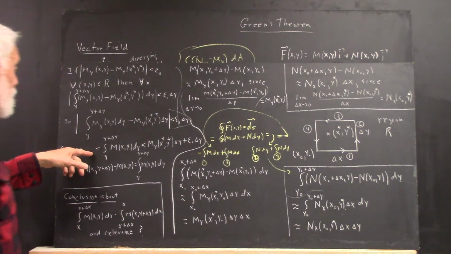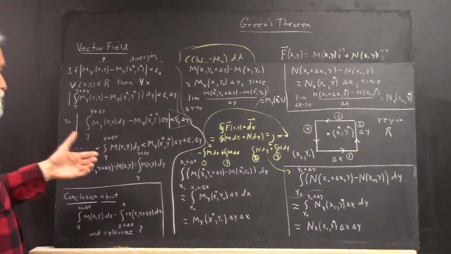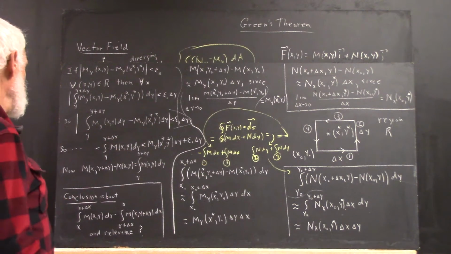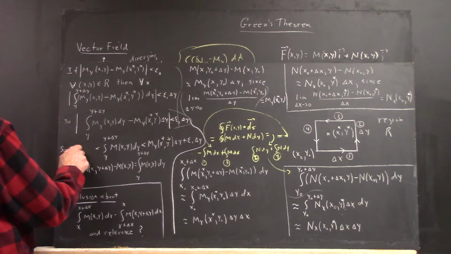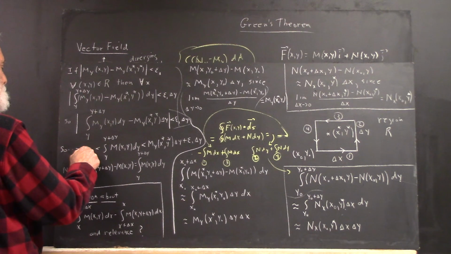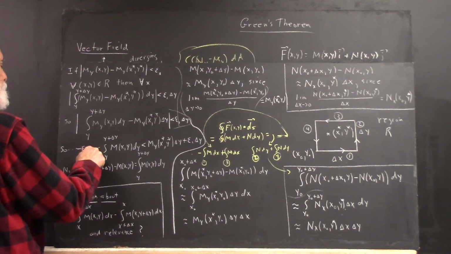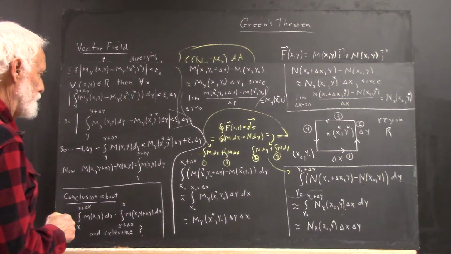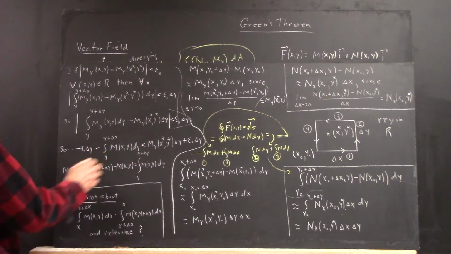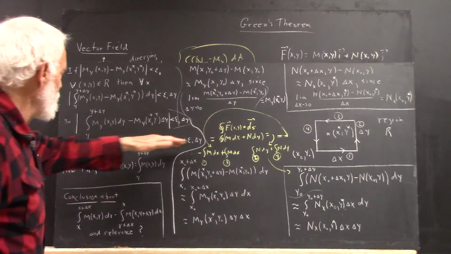And it has to be greater than the same thing minus epsilon 1 delta y. And I still don't have room to write this out coherently, so you need to fill that in.